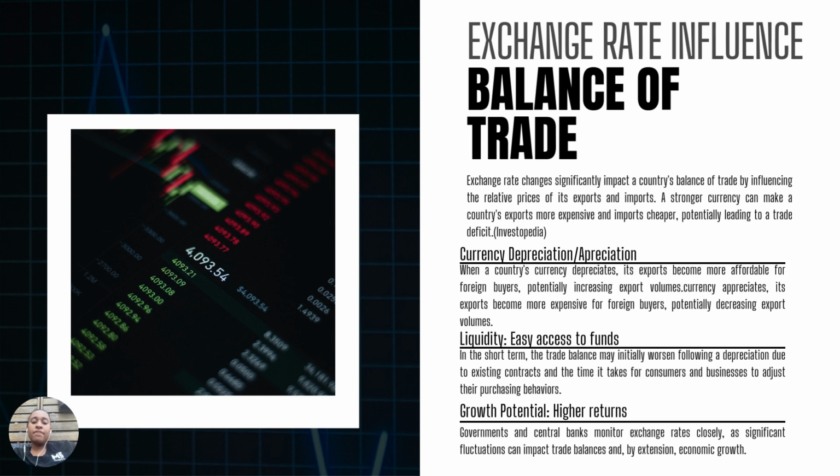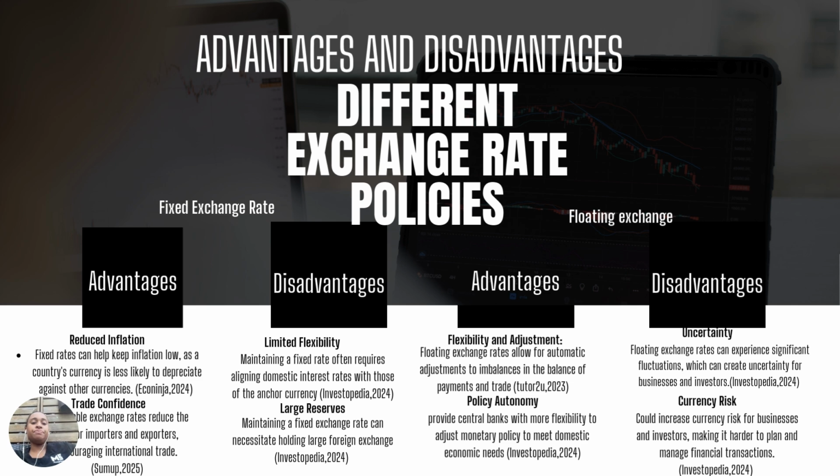And next, you have the appreciation, and this is the liquidity, which is easy access to funds, and you have growth potential, which is a higher return. So exchange rate changes significantly impact a country's balance of trade by influencing the relative prices of exports and imports. And a stronger currency can make a country's exports more expensive and imports cheaper.